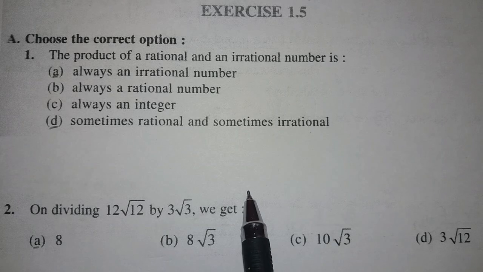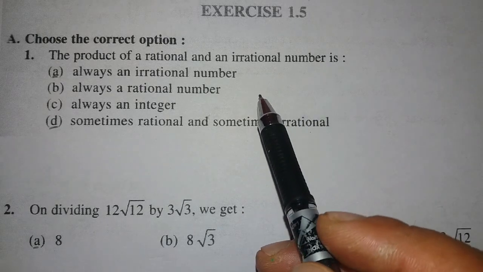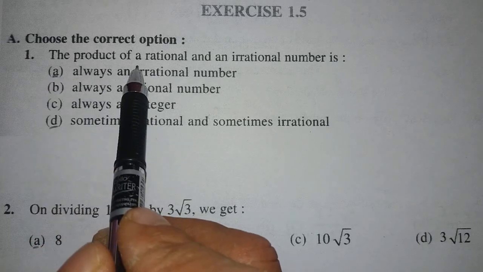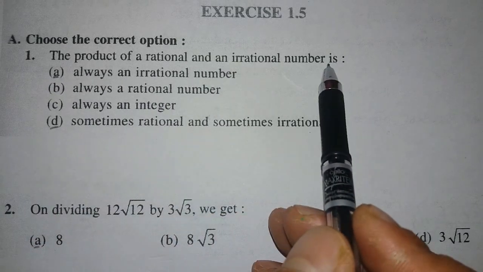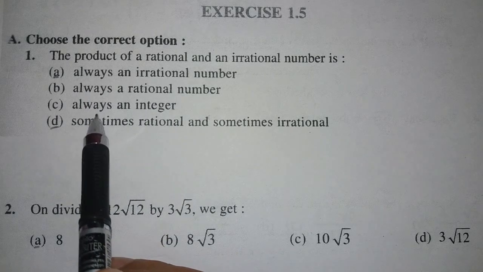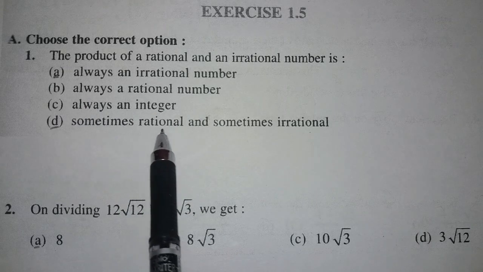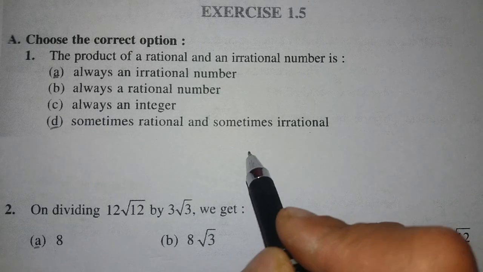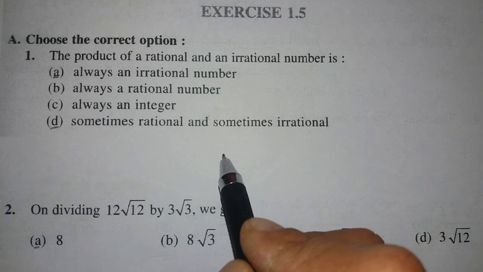Let's move on to exercise 1.5. Okay, the first question. The product of a rational number and an irrational number is always an irrational number, always a rational number, always an integer, sometimes rational and sometimes irrational. Okay, to understand this, we will take an example.